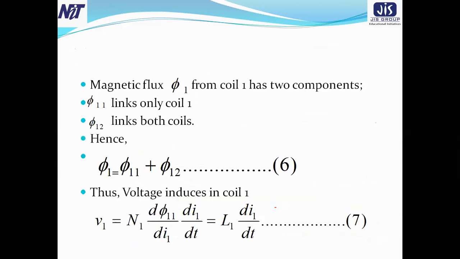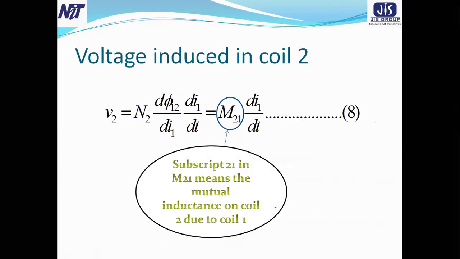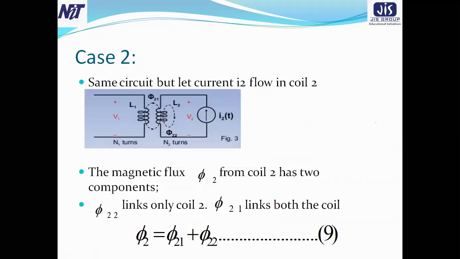So first we find φ1, that is φ11 and φ12, then V1, then V2. For V2 it was M21, meaning the mutual inductance on coil 2 due to coil 1. Here φ2 is the summation of these two, φ21 plus φ22.